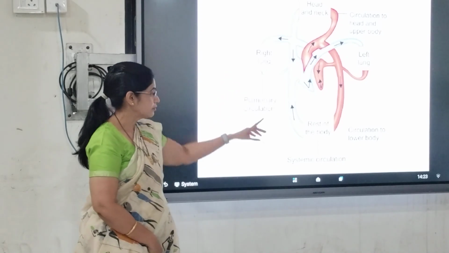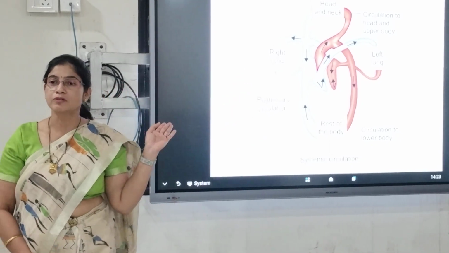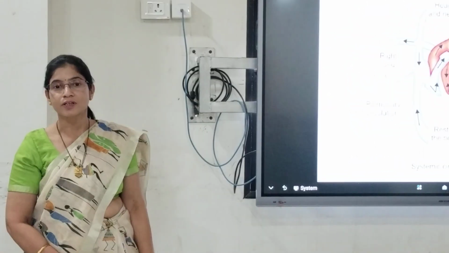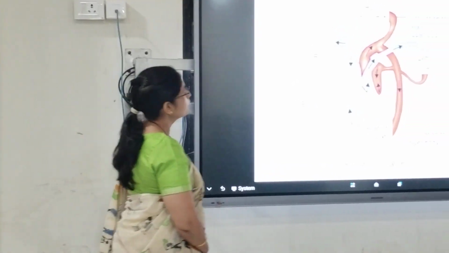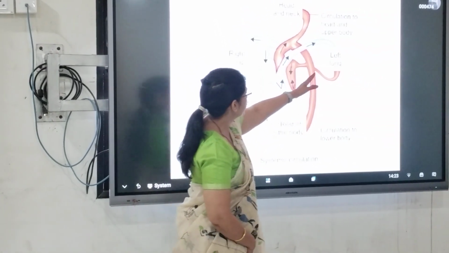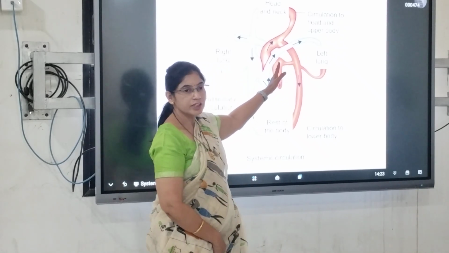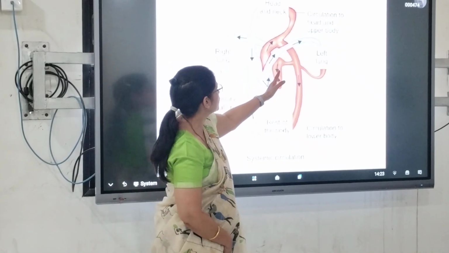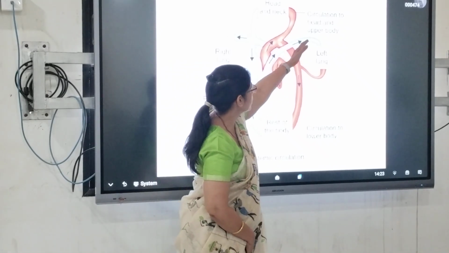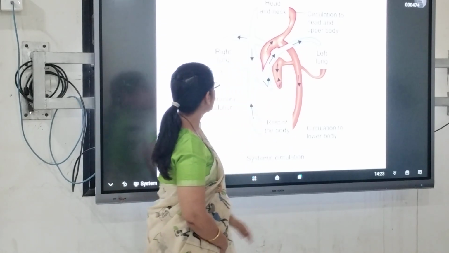Overall, whatever we have discussed till now is given in this diagram: how the blood gets pumped. Blood from the left lung moves into the left side of the heart, and from there it goes into the aorta for the different parts of the body.